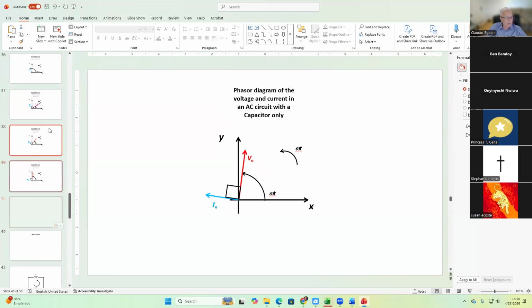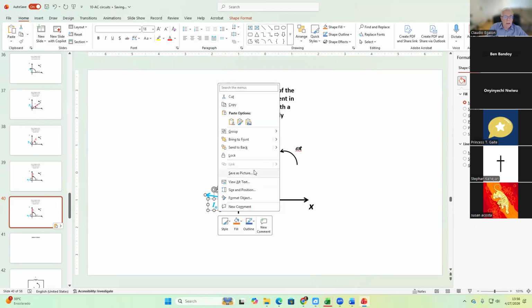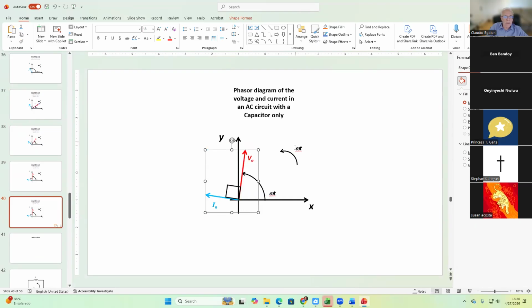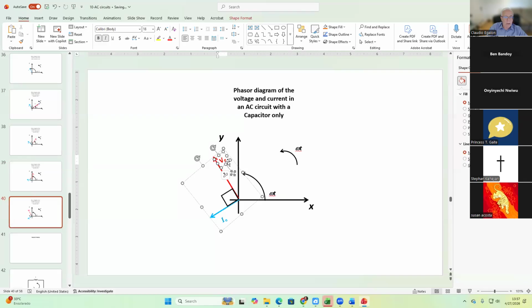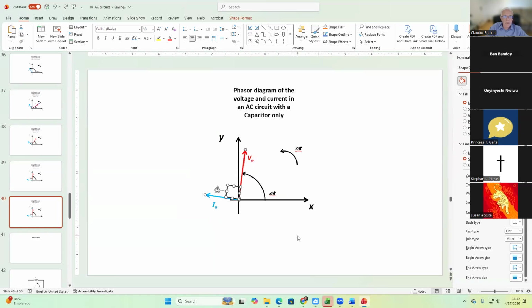Let's see if I can do another one. Group. Let's see if I can get that group. The only one I don't want to rotate.